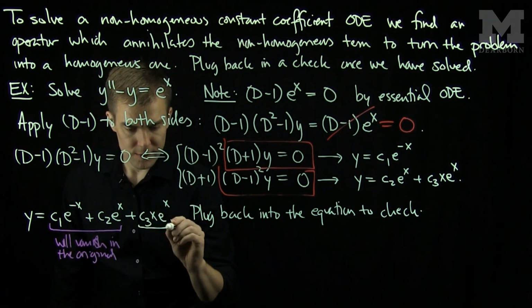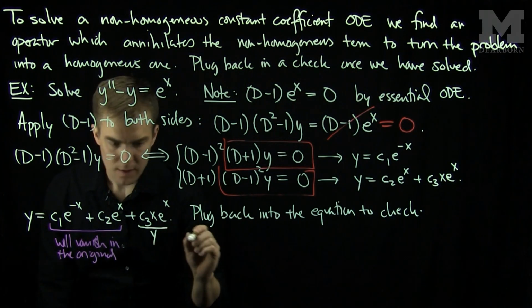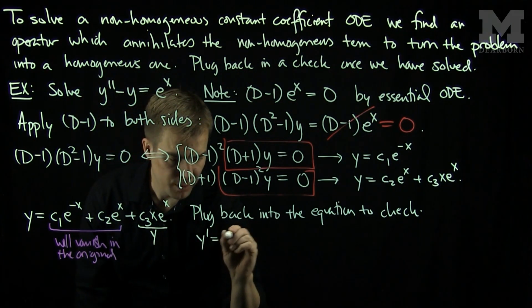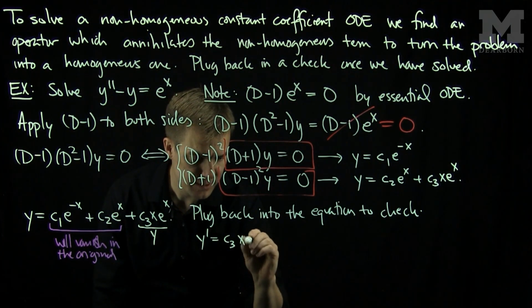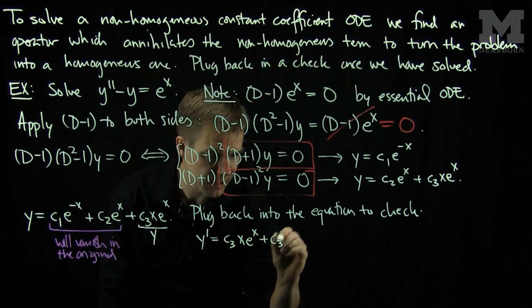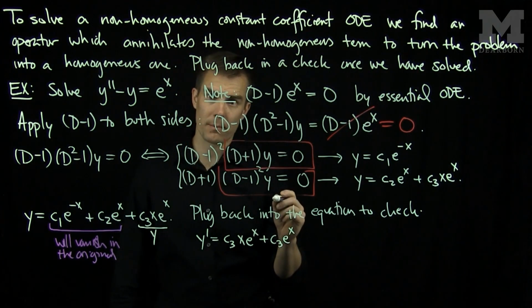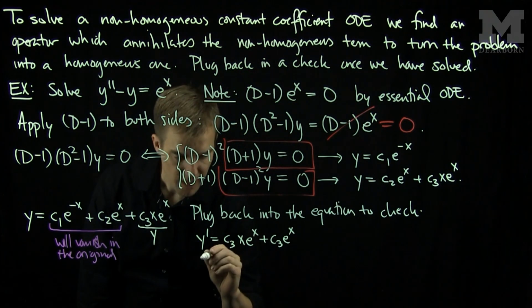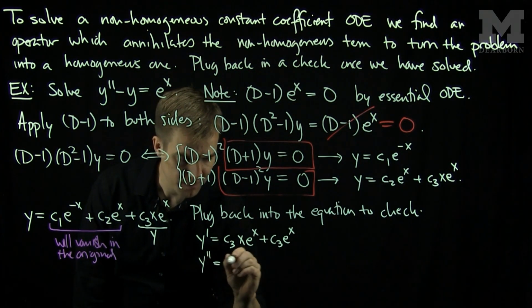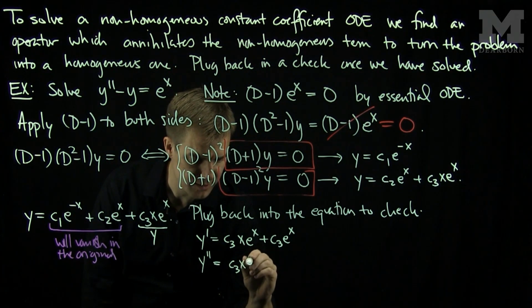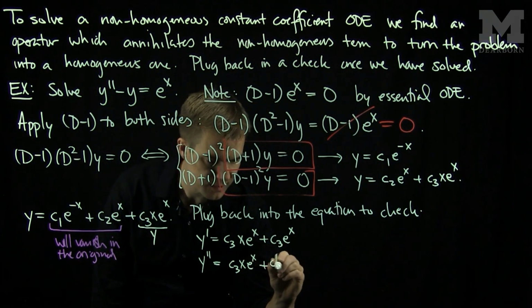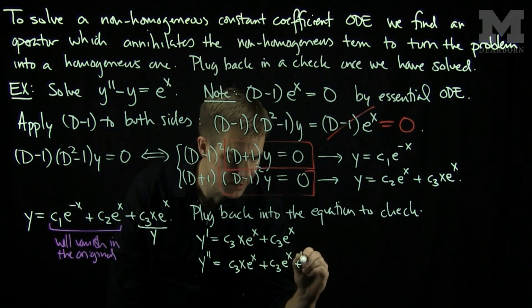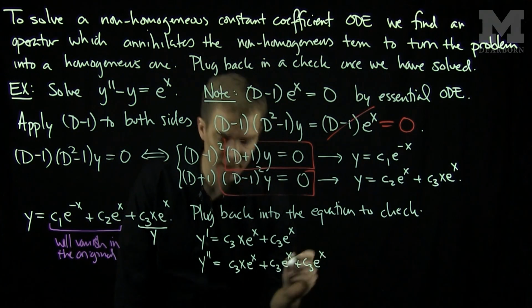So this is our y. Y prime will be c3 x e to the x plus c3 e to the x by the product rule. And then doing the derivative one more time, this will be c3 x e to the x plus c3 e to the x plus c3 e to the x.